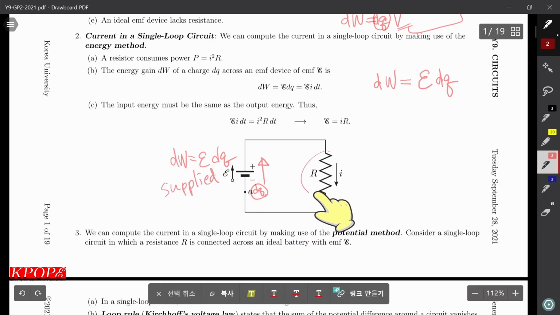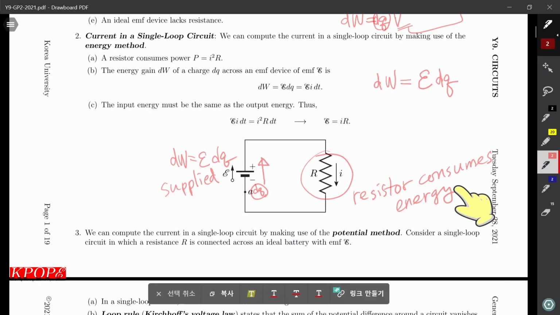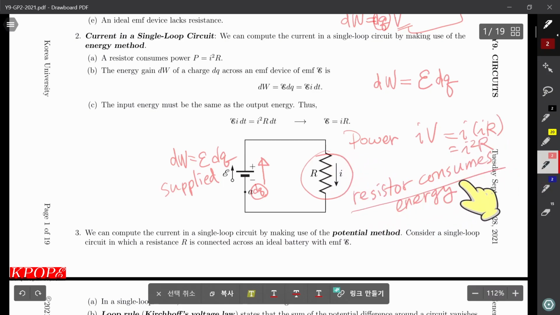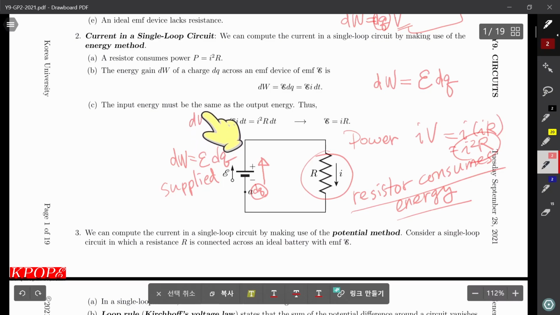The energy is consumed by the resistor. Power is IV, and the potential is V equals IR, so power is I squared R. So the resistor consumes energy per unit time at the rate I squared R. This is the power supply, and this is the power consumption.